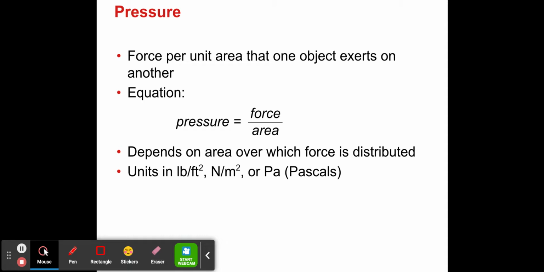So pressure depends on the area over which force is distributed. And units of pressure include the pound per square foot, Newton per meter square, or the Pascal. The SI unit of pressure is the Pascal.